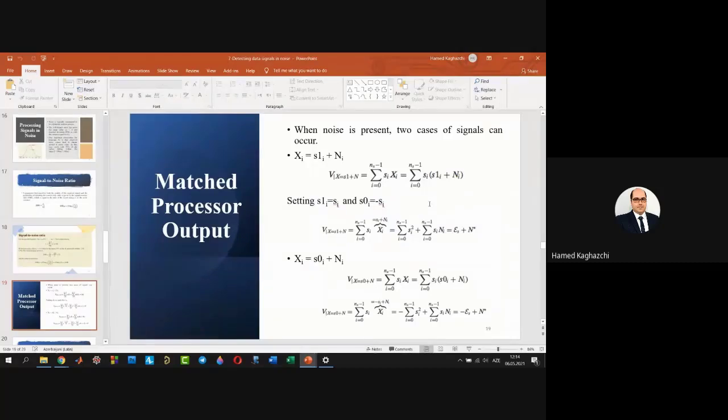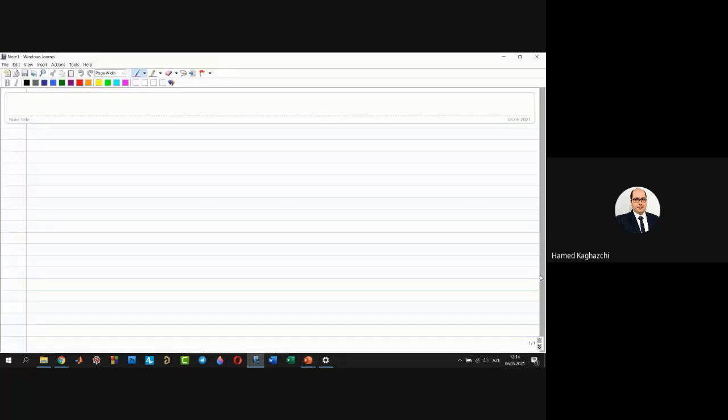Now I want to find the output of the matched processor in the presence of noise. Okay? Let's calculate the output V. Now we can examine the output of the matched processor when noise is present.